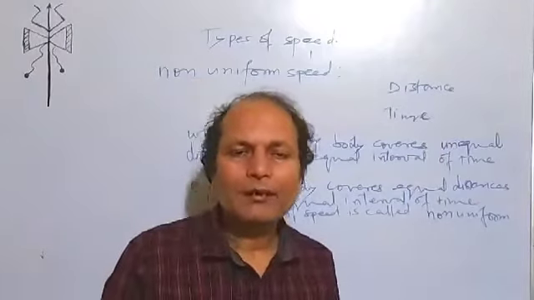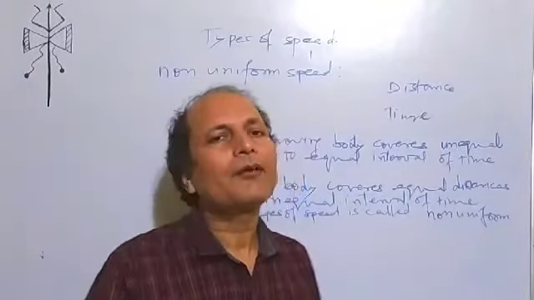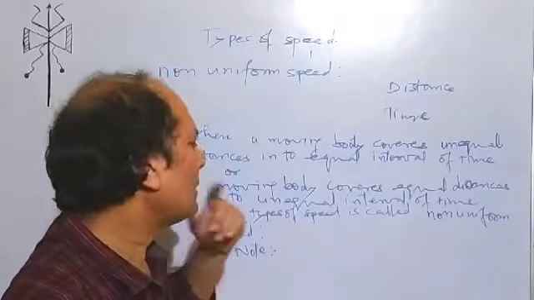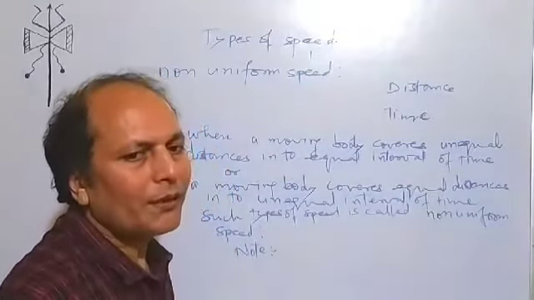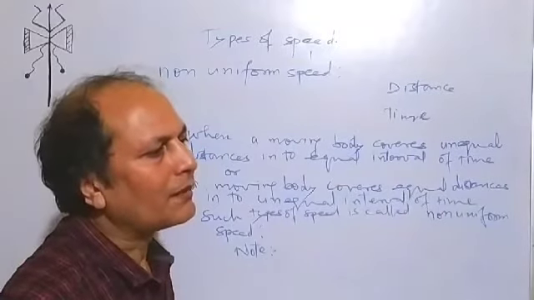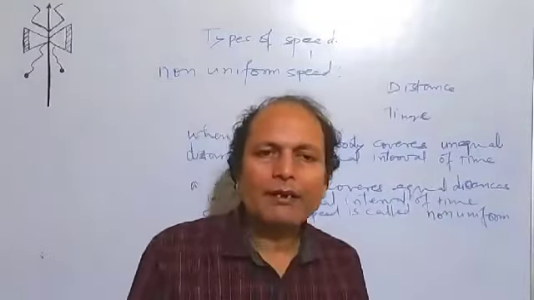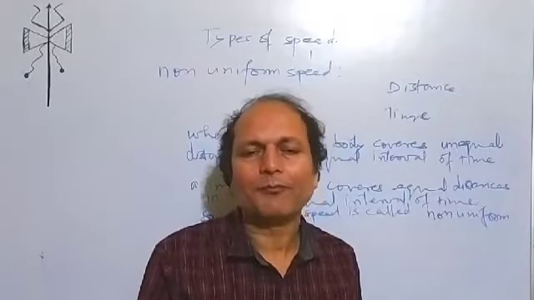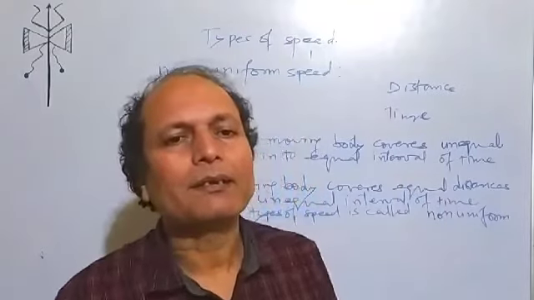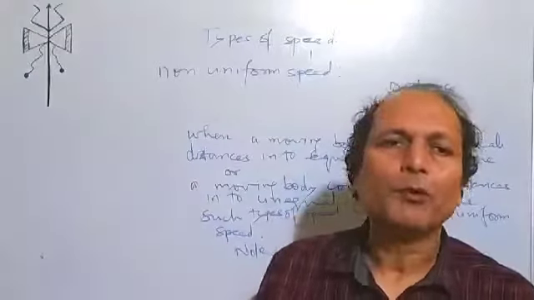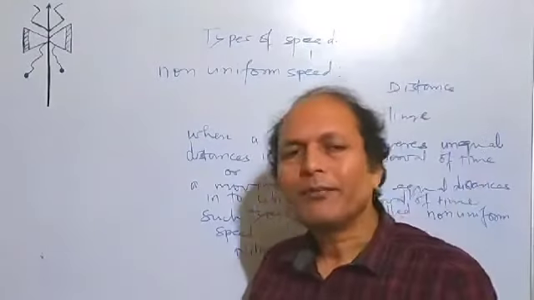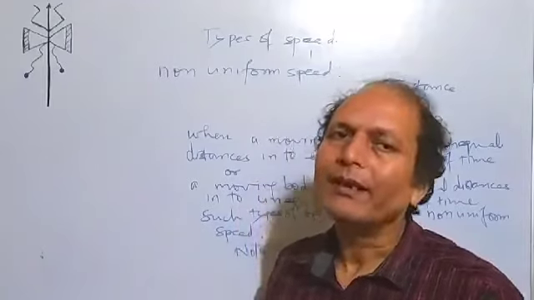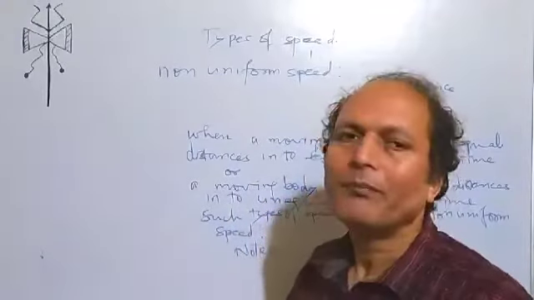When you ride your scooty or cycle, that time your vehicle shows non-uniform motion. In non-uniform motion, after starting and until we stop, during this path uniform speed cannot be possible. So the expression of speeds that we see properly is an example of non-uniform speed.